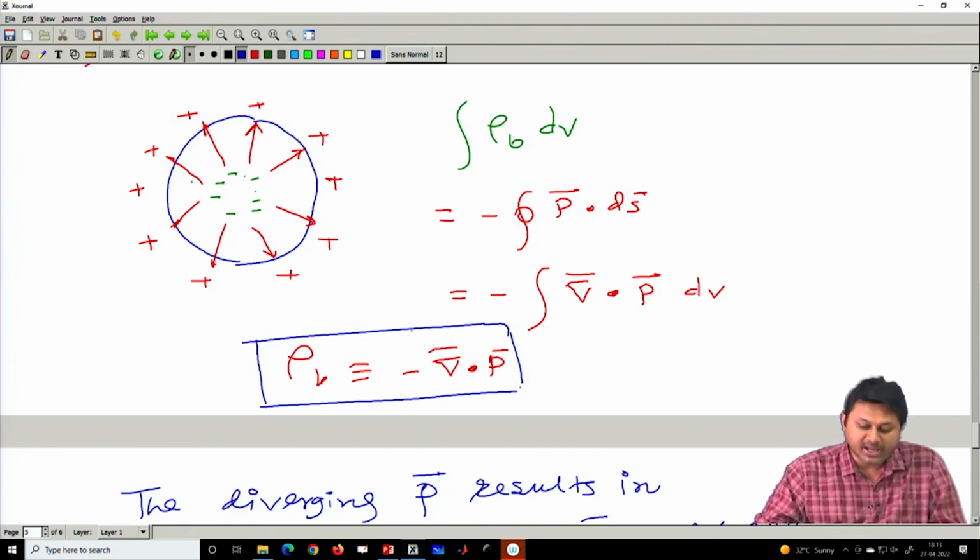So, whenever we have a non-uniform polarization, only then is there bound charge. If there is no non-uniformity of the polarization P, then the divergence of that quantity will be simply 0, and you will not get any bound volume charge density out of that.